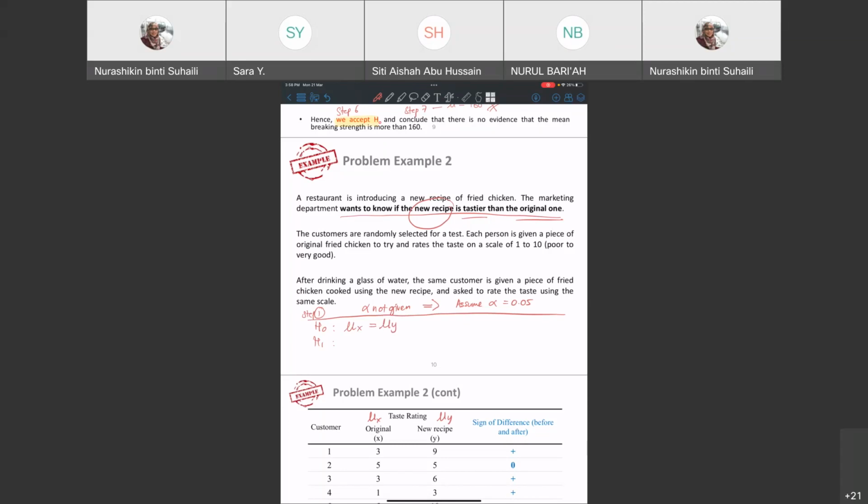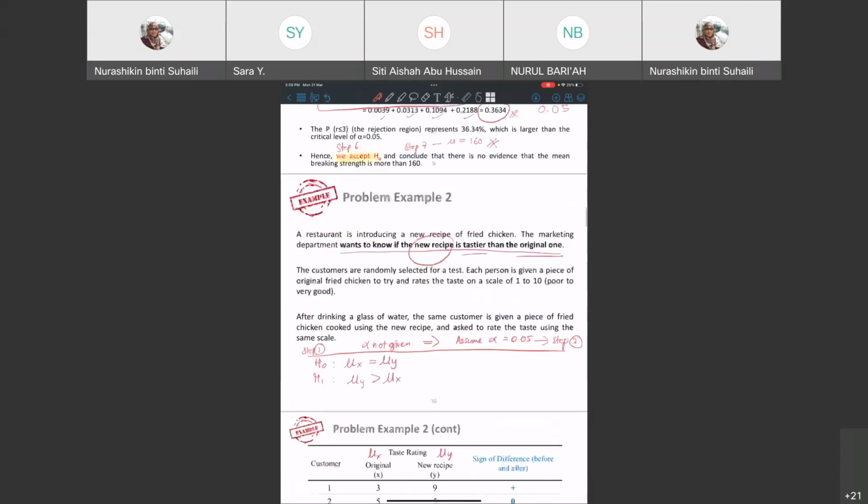For the alternative hypothesis, because it is mentioned in the question that the new recipe is tastier than the original one, mu y should be greater than mu x. Okay, so that is the hypothesis. Step 2 is this one: you define it as 0.05.